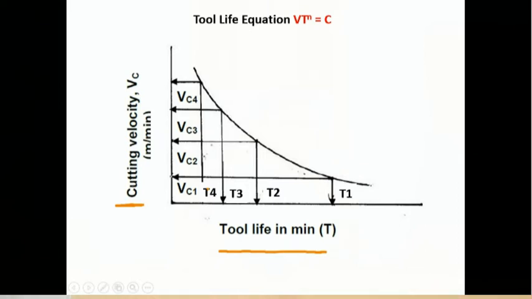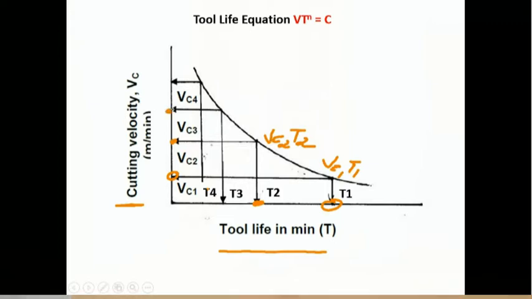At different combinations, when the cutting velocity is Vc1, that is the lower one, you get the maximum tool life, that is T1. So this is the combination of Vc1 and T1. Again, you increase the cutting velocity to Vc2, then your tool life decreases here. So this is the combination of Vc2 and T2.